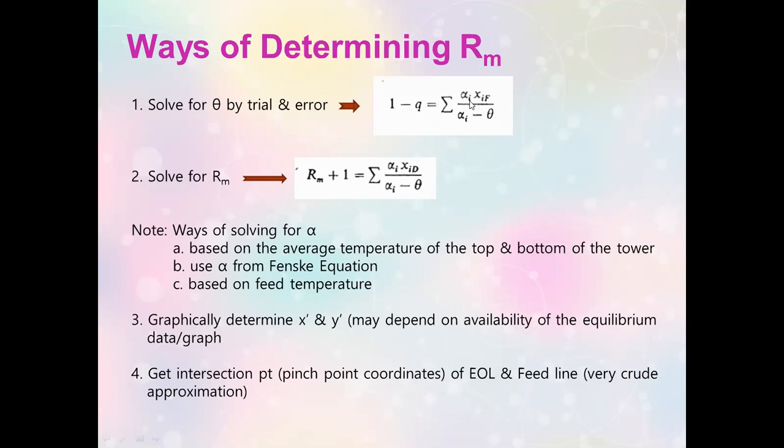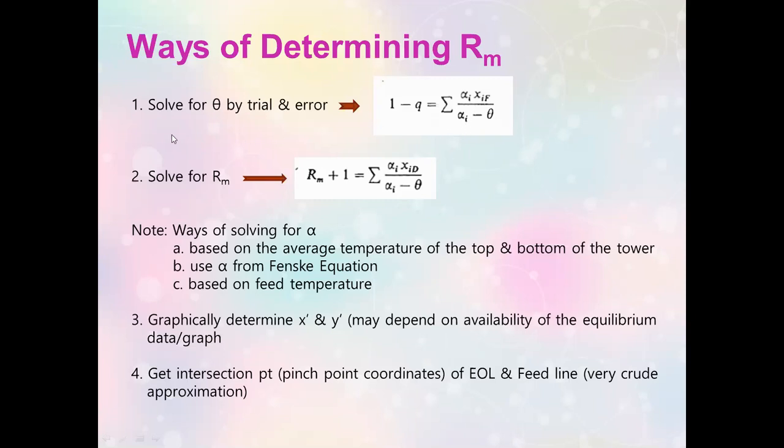So using the mole fraction of the low boiling point component, you'll be able to find the boiling point of the feed and the boiling point of the distillate because you have the mole fraction of these two. Once you already have the temperature of the two, that would be the temperature that you're going to use to find the relative volatilities.